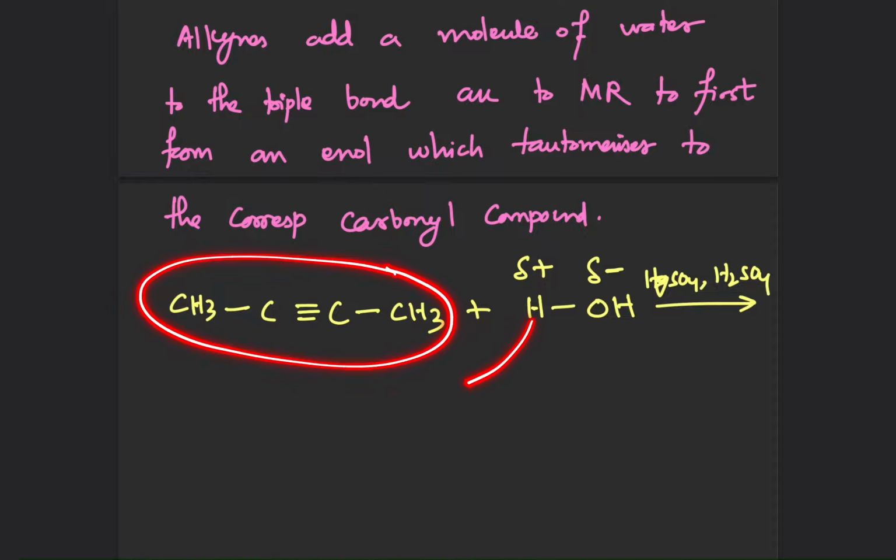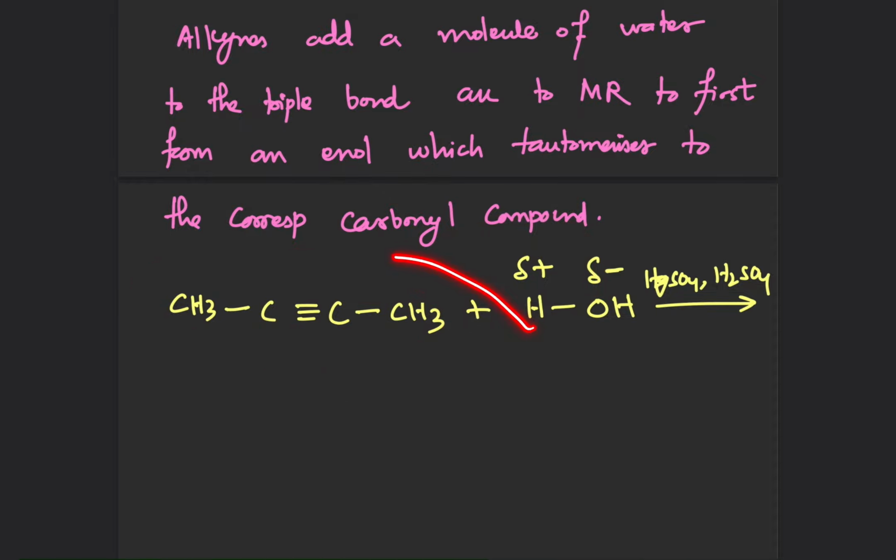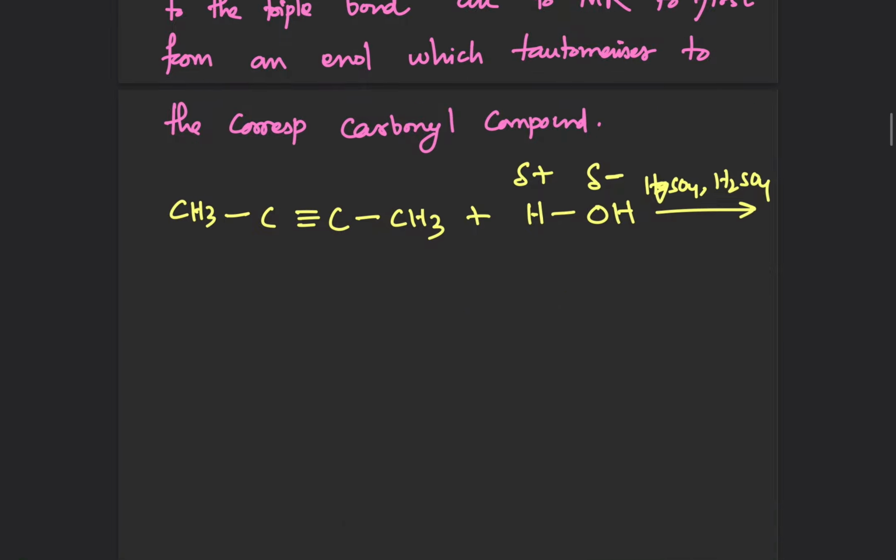So you can add H to this carbon or OH to this carbon, or you can add H to this carbon or OH to this carbon. Okay, if it was not symmetrical, then you should follow Markovnikov's rule.